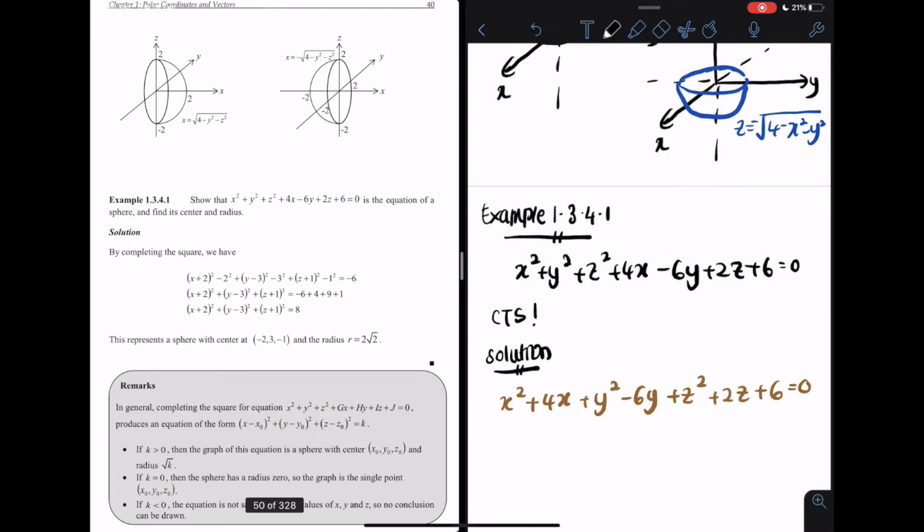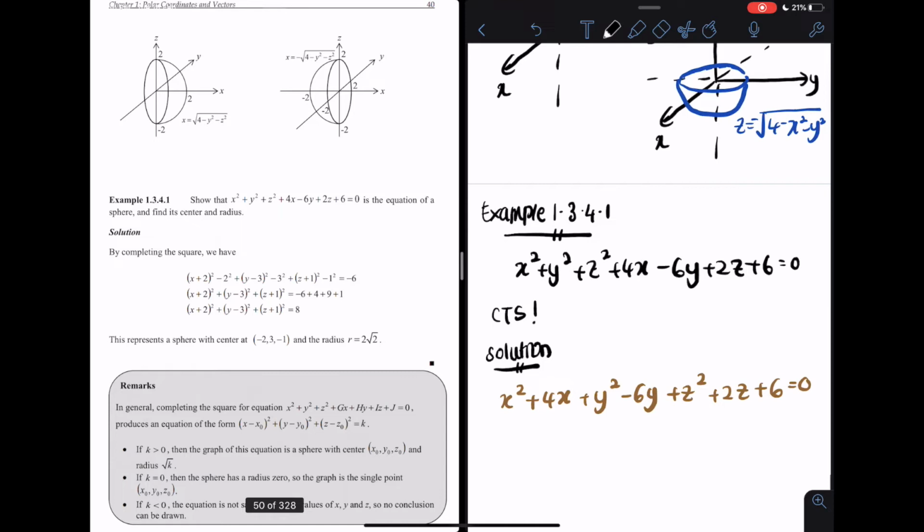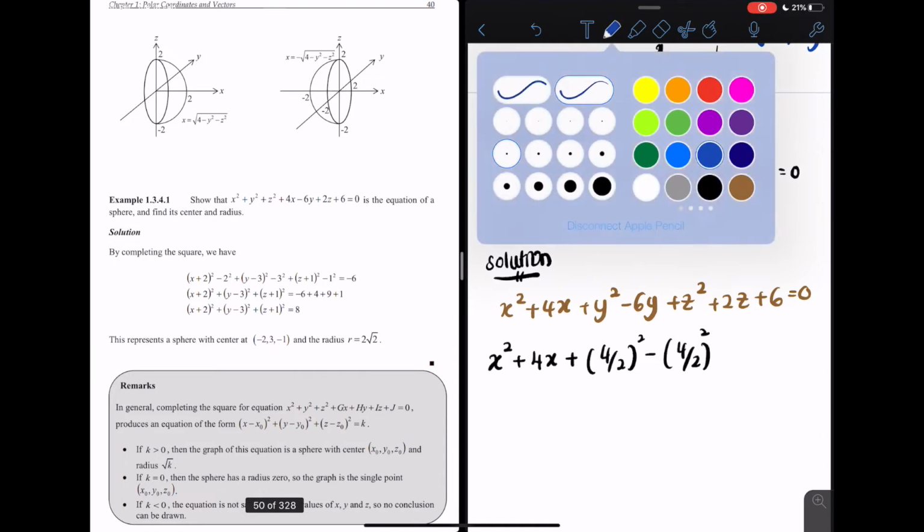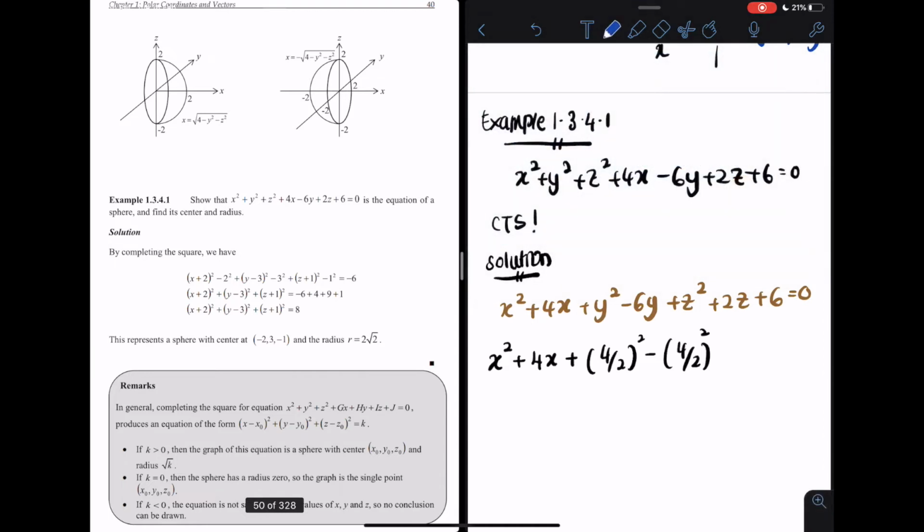Right after that, I will complete the square according to the variable. I will focus on x first. I will get x squared plus 4x plus (4 divided by 2) squared minus (4 divided by 2) squared. So I have done with variable x, and then I'll focus on variable y.